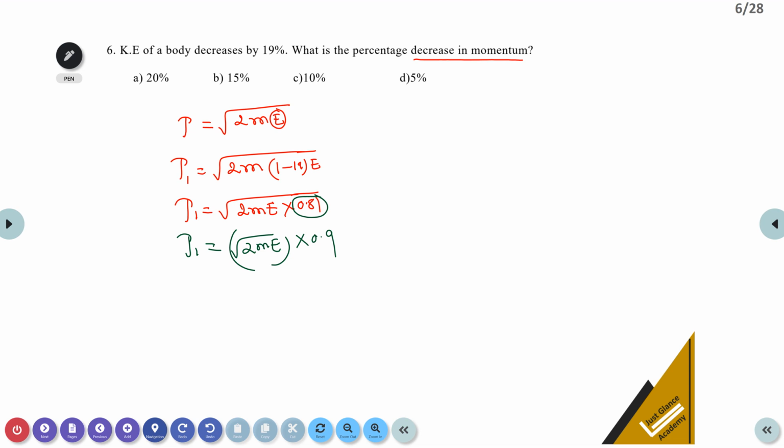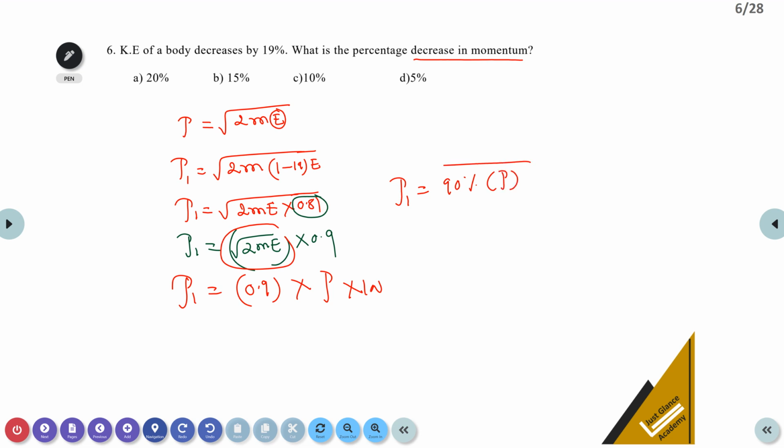All answers are in terms of percentages, no? So P1 equal to 0.9 into P, because this quantity is P. Then you multiply by 100, so that P1 equal to 90% of P. The initial P equal to how much? 100%. So what is the change here? 100 minus 90, the decrease is 10%. This is the answer.